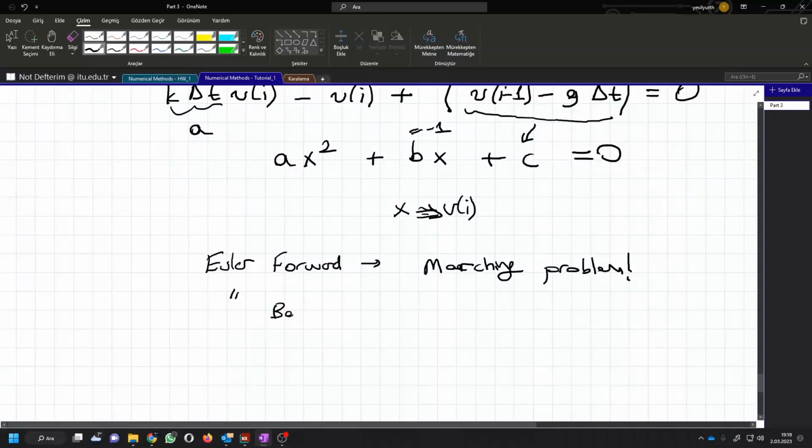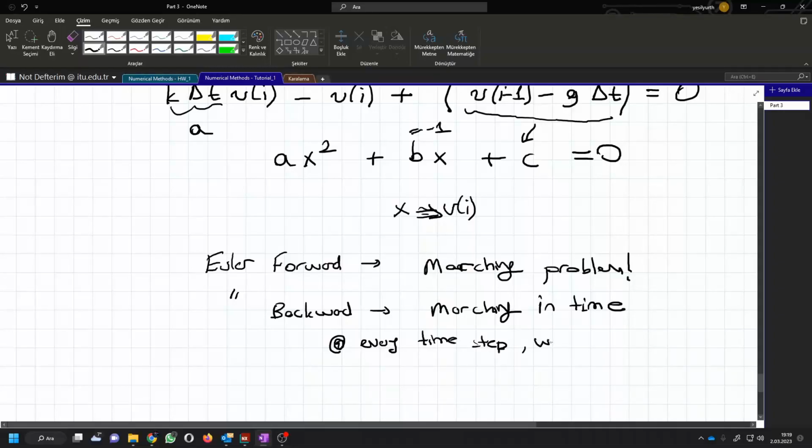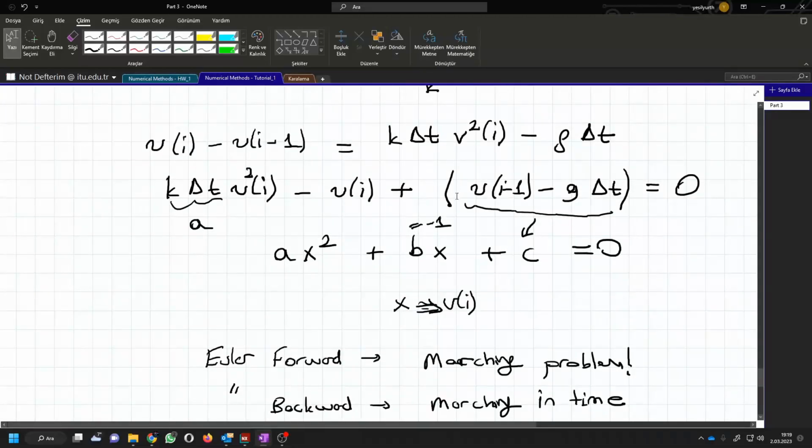Euler backward, we are both marching in time and at every time step we are making iterations in general, because we need to use a root finding method to solve this equation.